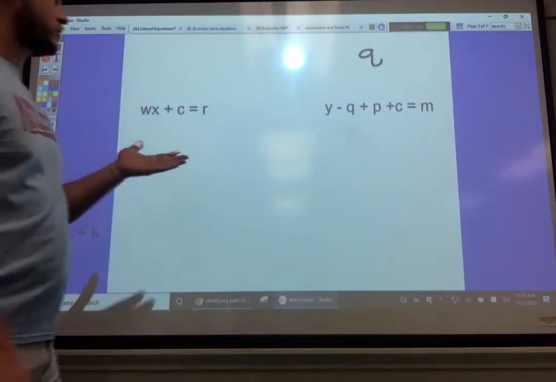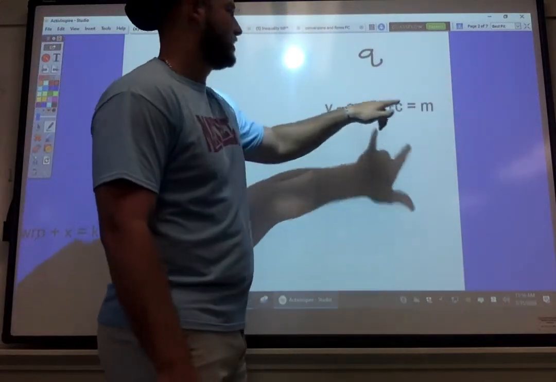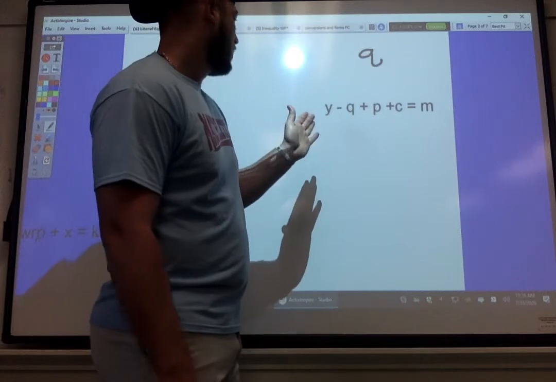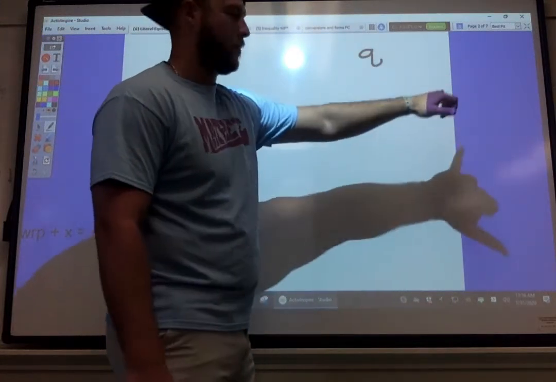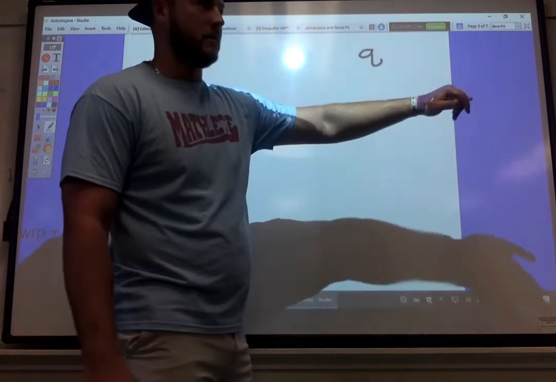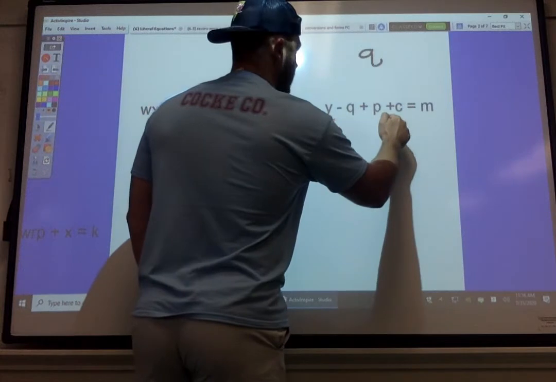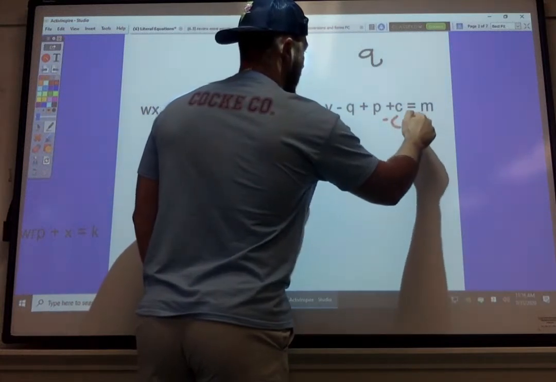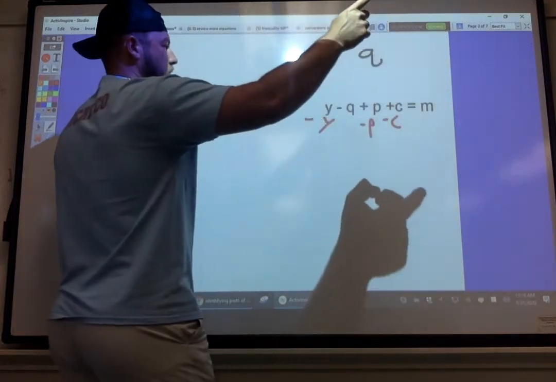It doesn't matter which letter you want to move first. Obviously, I'm going to move all three together just to save time. So I'm going to subtract the Y, subtract the P, and subtract the C. Essentially, we're just going to change the signs. Minus Y to the other side, minus C to the other side, and minus the P to the other side. Right?